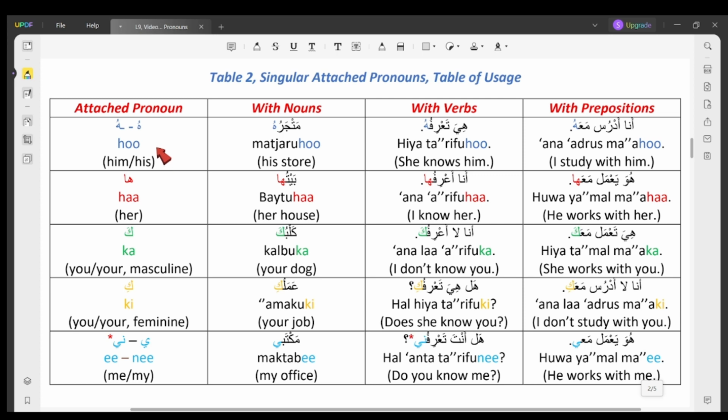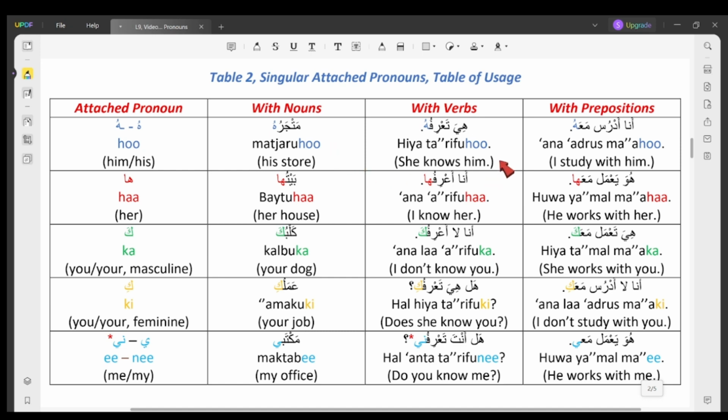Let's look at the first attached pronoun in Table 2. Hu, meaning him or his. Now let's see how we can use it with a noun. Matjaruhu. This means his store.